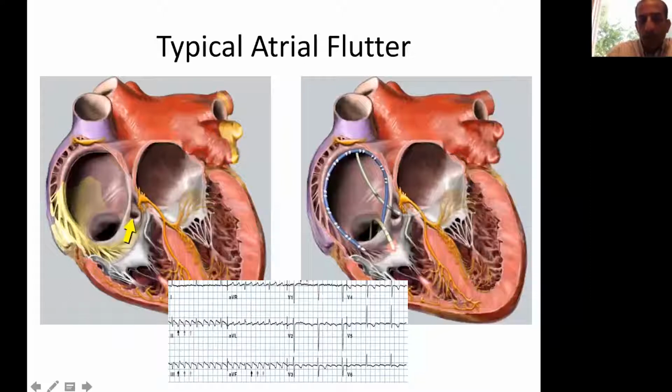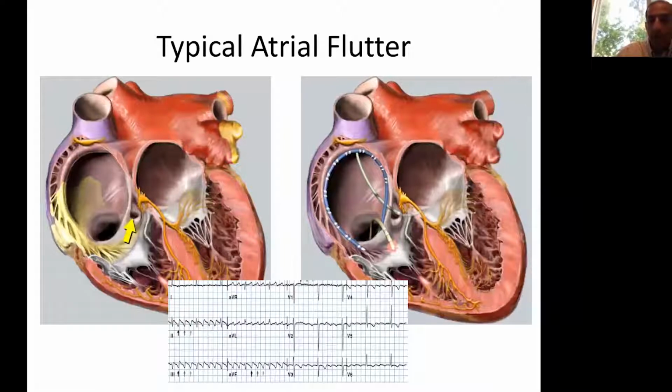So in 2, 3, and AVF, you see negative P waves, which are going away from 2, 3, and AVF, and they're going towards V1. V1 is right here, so in V1, you will always see positive. If you see very fast P waves which are negative in the inferior leads, looking like a sawtooth pattern, and positive in V1, you should think of it as typical right atrial flutter.